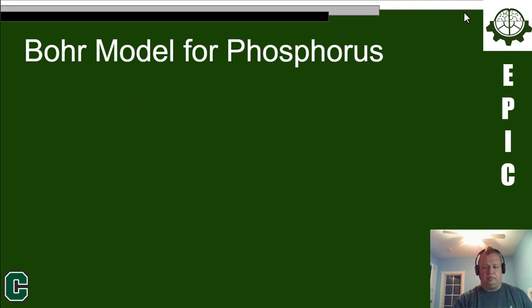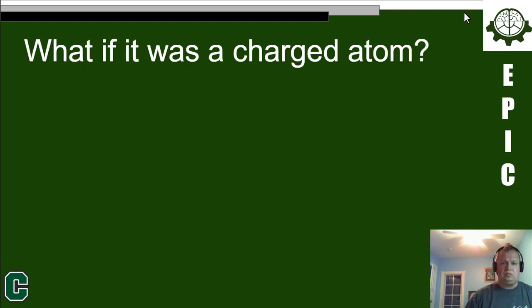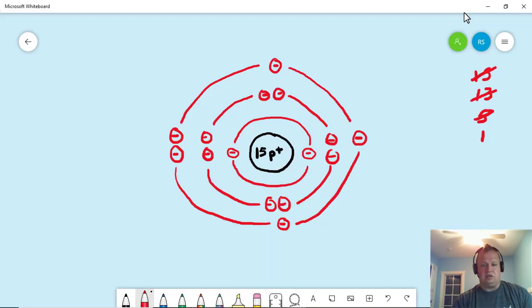All right, so that's the Bohr model for phosphorus we just drew. But what if it's a charged atom, right? What happens if we have a charged atom? Well, the way that an atom becomes charged is by gaining or losing electrons. So these valence electrons on the outside, we can take those away, right?